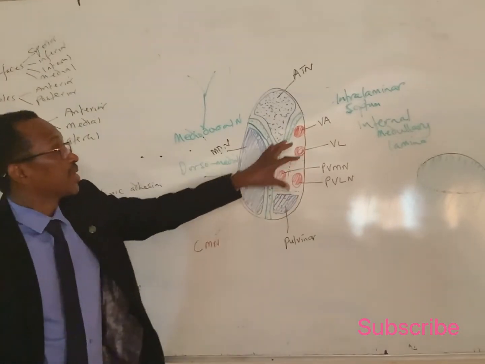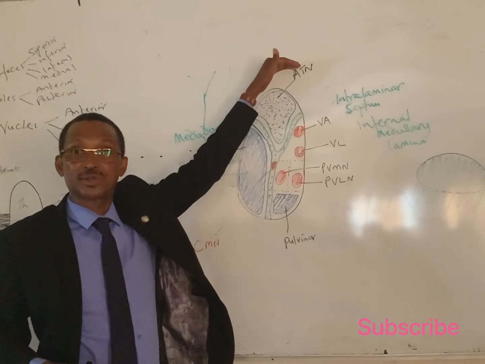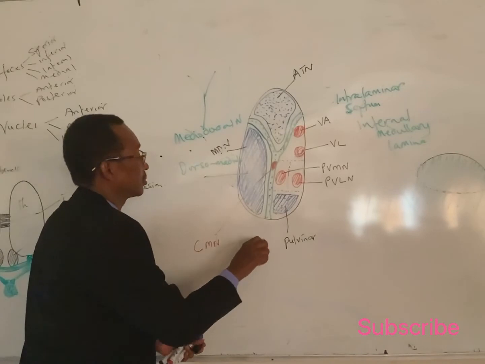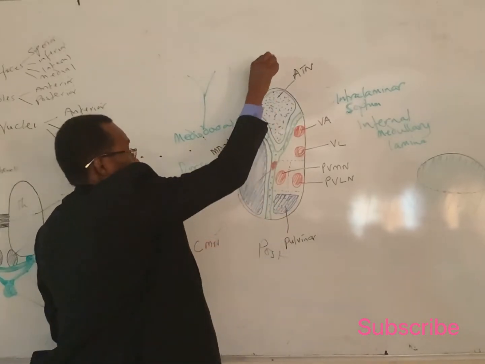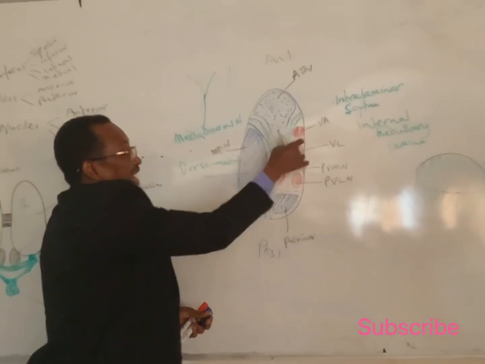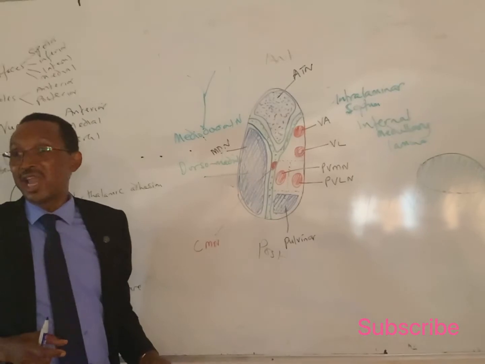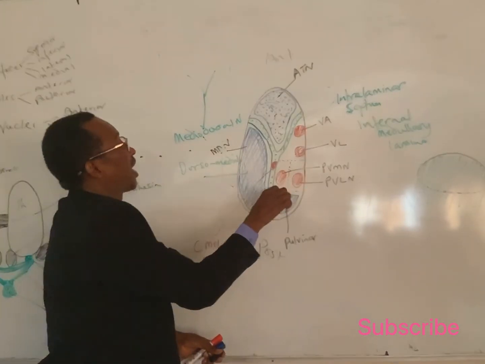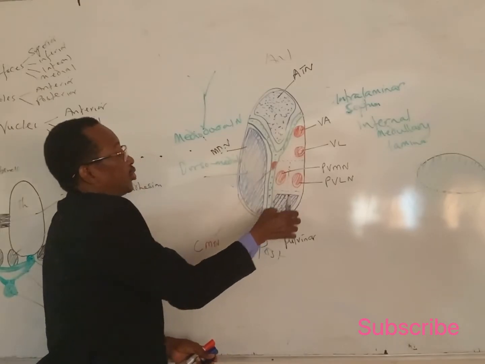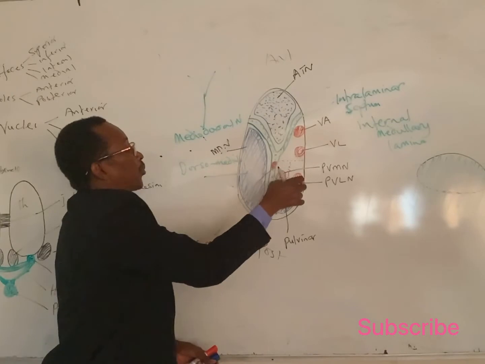So now, if you take this one to be the anterior aspect of the thalamus, this is the posterior aspect of the thalamus. You get it? So if you now take this lateral aspect of the thalamus, you divide it into anterior portion and posterior portion.